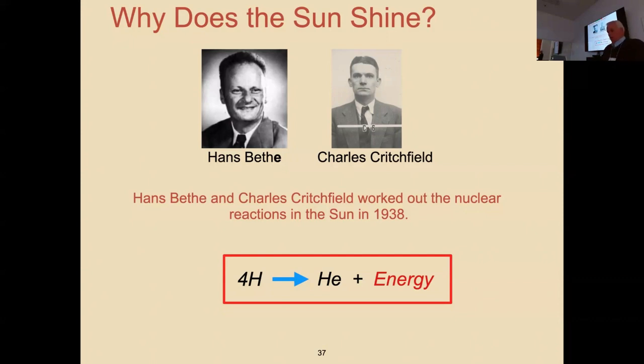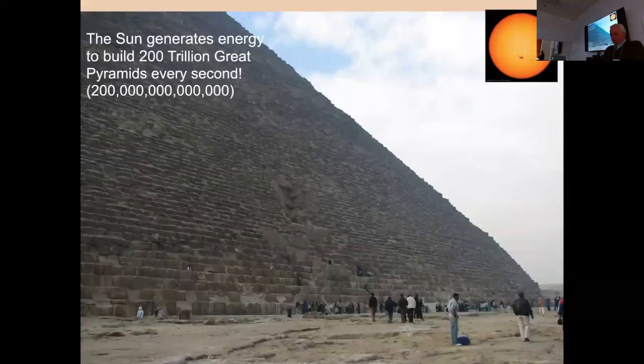There's a legend that I grew up with that Bethe worked this out on the train back from Washington to Cornell, but Bethe said that's not true. We worked it in the weeks after we got back. Okay, so the amount of energy that you get from this reaction is big.